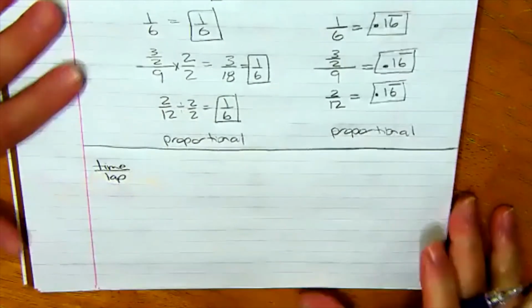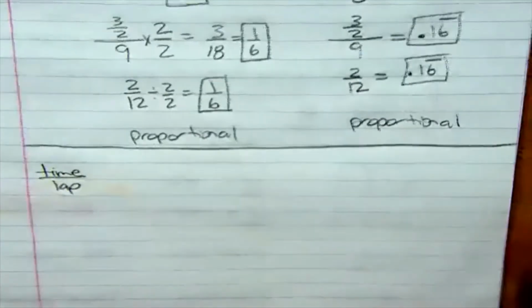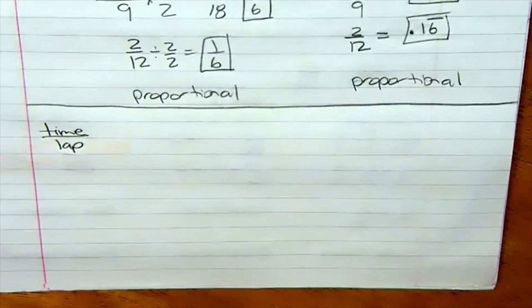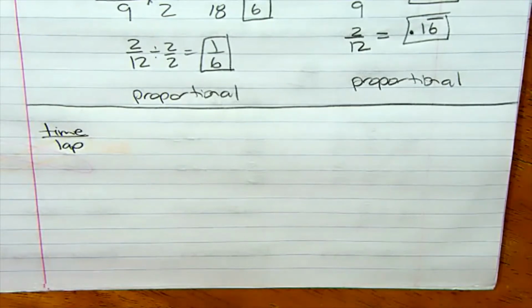Now, somebody asked me, how do you know which goes on top, time or laps? It doesn't matter. If you have time over laps or laps over time, as long as you're consistent, if they're proportional, it will show.